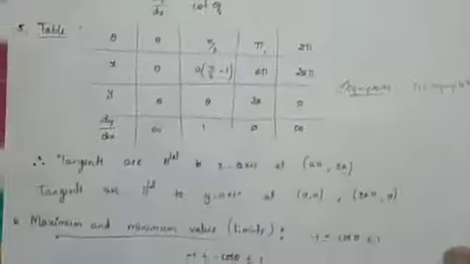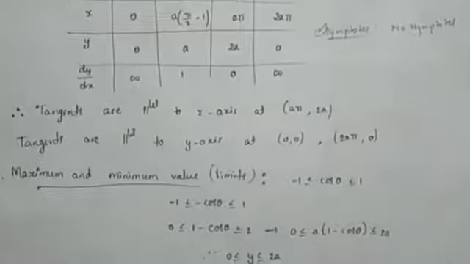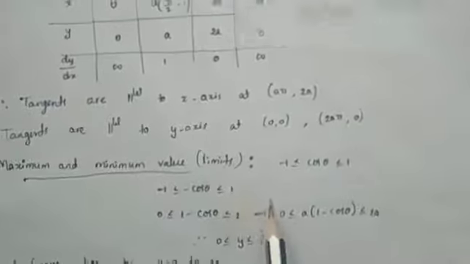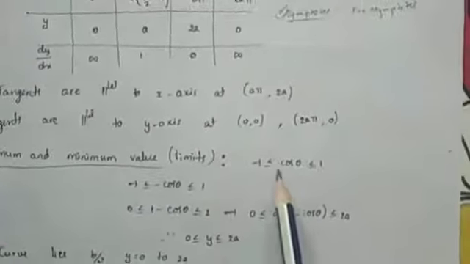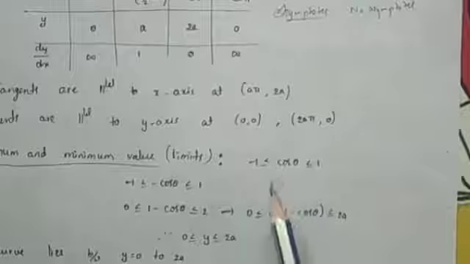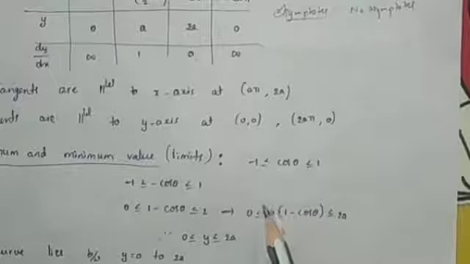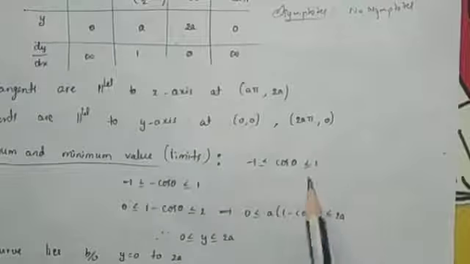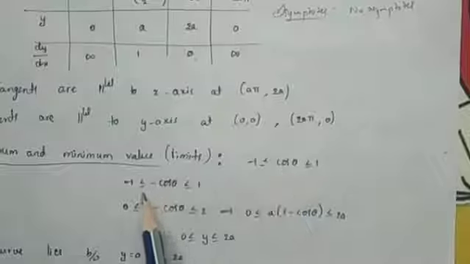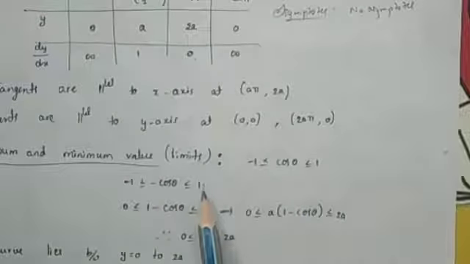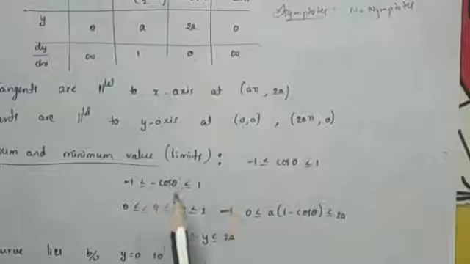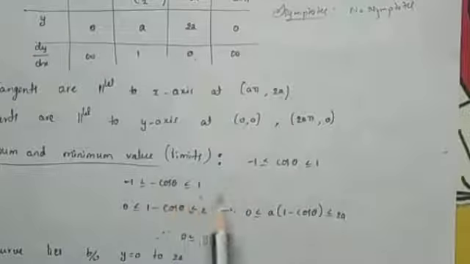The next point is the maximum and minimum values, the limitations. We know that the magnitude of cos theta always lies between -1 and +1. So we say -1 is less than or equal to minus cos theta, less than or equal to +1. Adding 1 to this, we get 0 less than or equal to 1 minus cos theta less than or equal to 1 plus 1, which is 2.